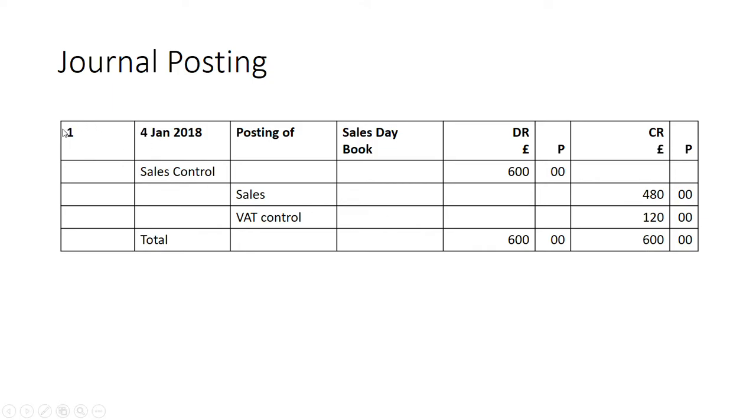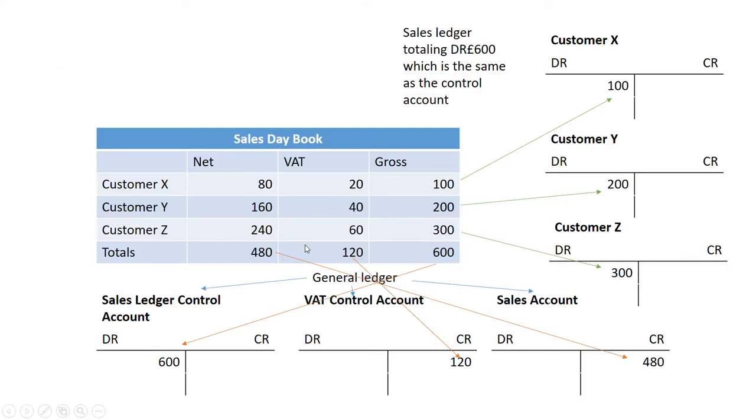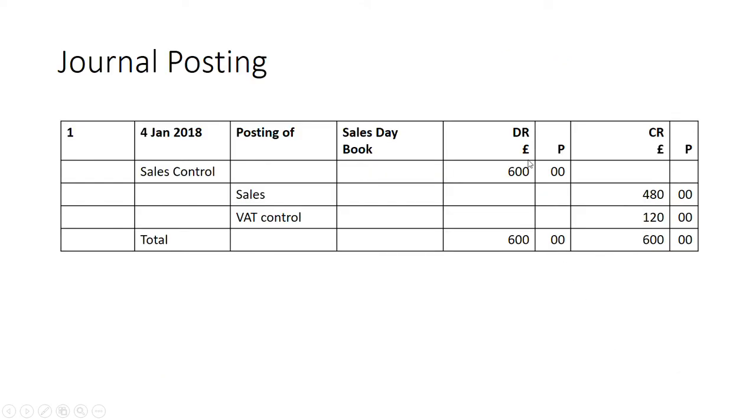You'd have the date, you'd have the journal number as well, so you could always track it through, and we would be totaling like that and making sure our debits equal our credits. So that's how the journal would get posted to achieve this going into there, that going into there, and that going into there. That's what will actually go into the general ledger. Note how there is no journal going into the sales ledger.